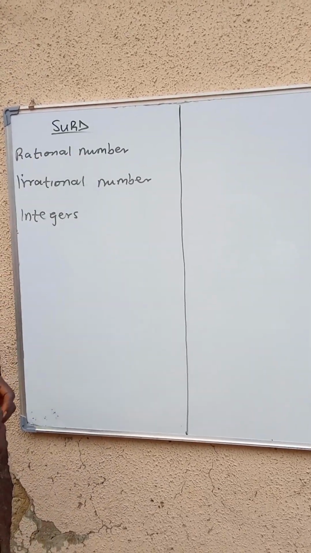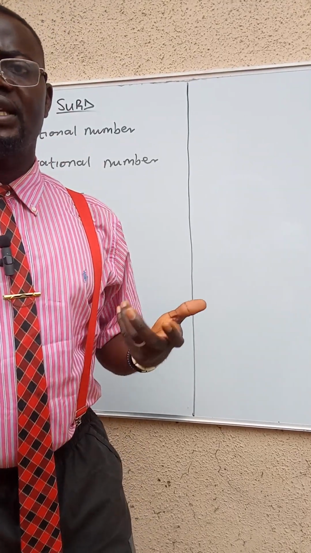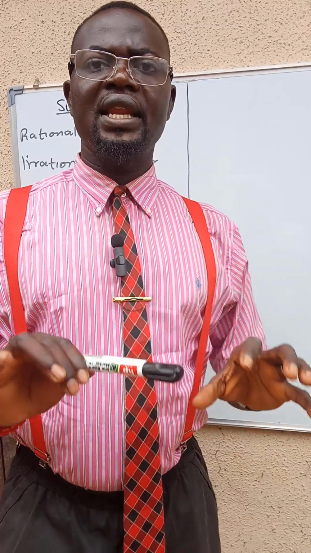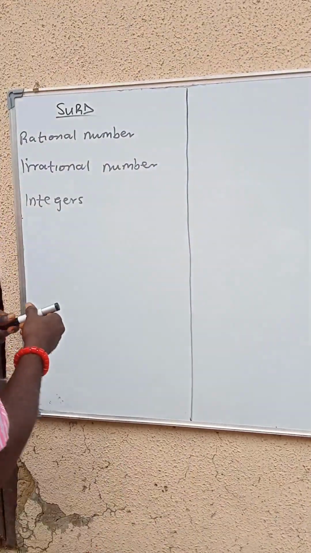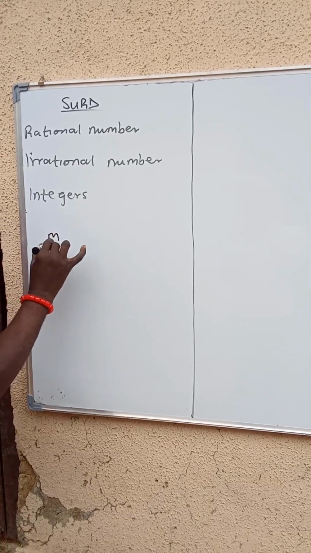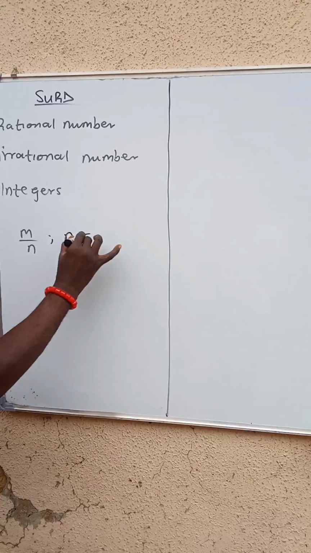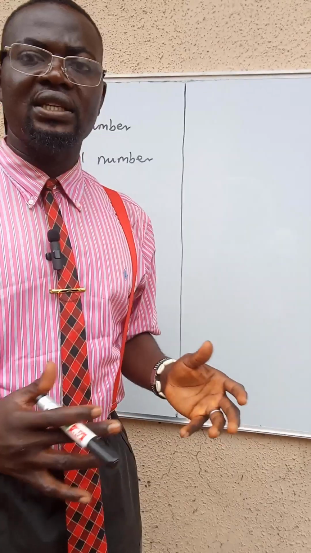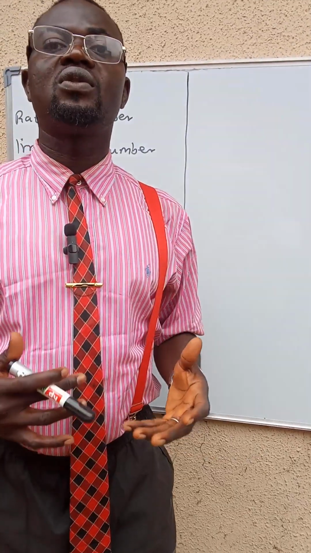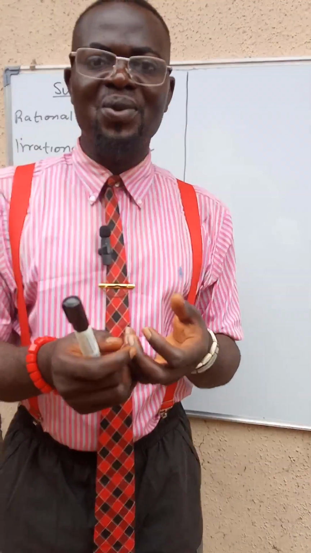Now, a rational number is a number that can be expressed as a fraction or ratio in the form of m over n, and n must not be equal to what? 0, because when n is equal to 0, it becomes indeterminate. If you press on your calculator 2 over 0, it will give you a math error.